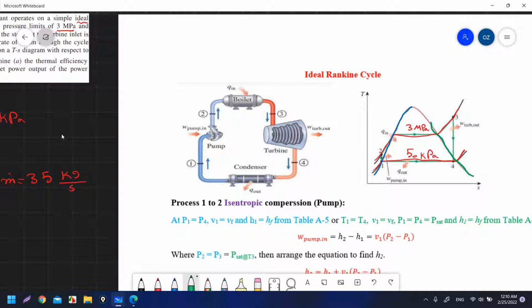Any point on this green line is a vapor, the quality is 1, and any point on the blue line is liquid, or saturated liquid. So here is the saturated liquid line, and here is the saturated vapor line. So he wants us to draw the TS diagram with respect to this saturation line. So you draw the dome, and then draw the cycle, and we already have this cycle. Okay, so you will draw it like this.